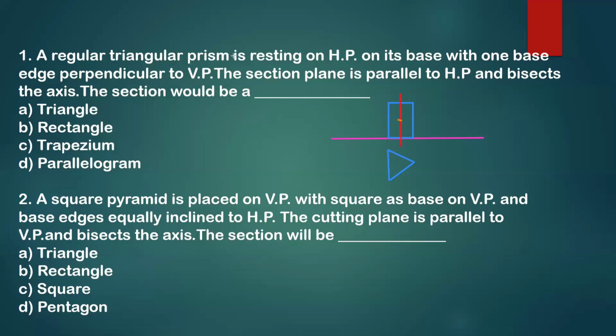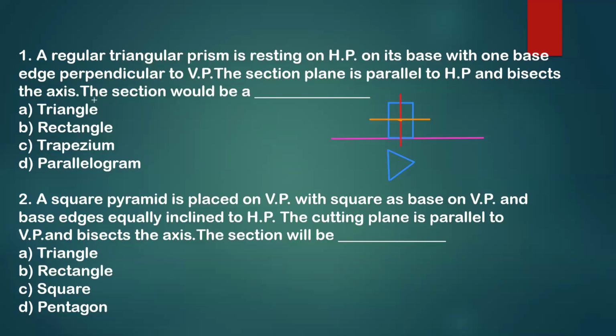That means the section plane will pass like this. This will be our section plane, and like this we are going to cut this prism. It will remain parallel to the HP and bisect the axis.